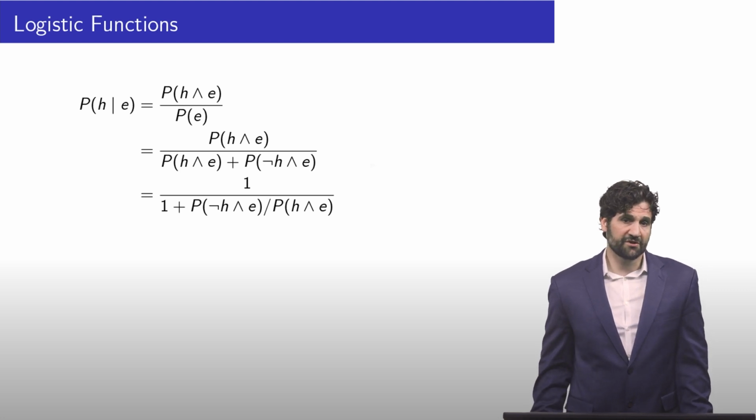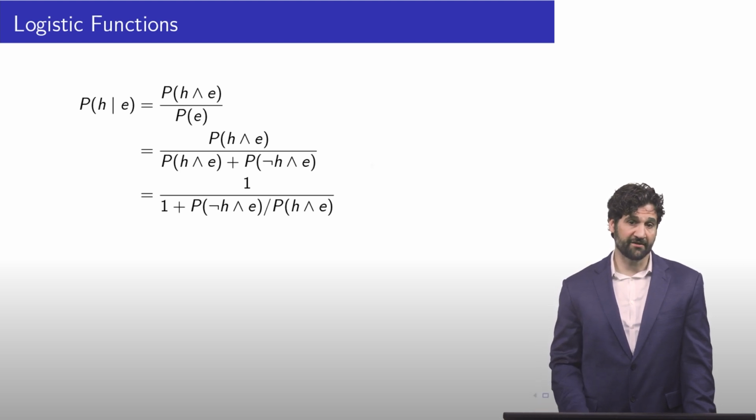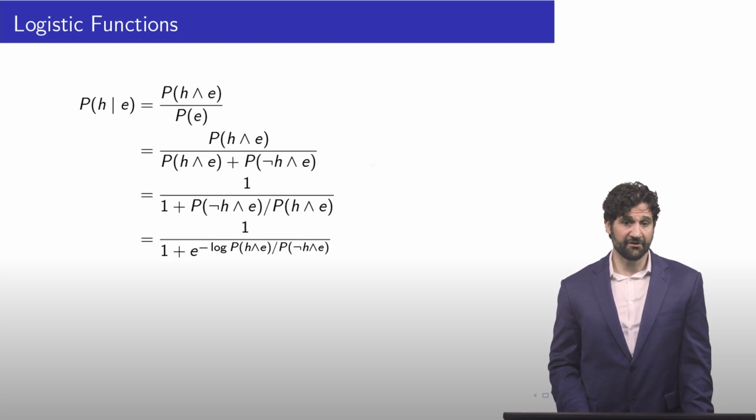Then, assuming that the probability of H and the evidence occurring together is greater than 0, we can divide both of those two items being summed in the denominator by the probability of H and the evidence occurring together. So that now becomes 1 plus a quantity that is often referred to as the odds.